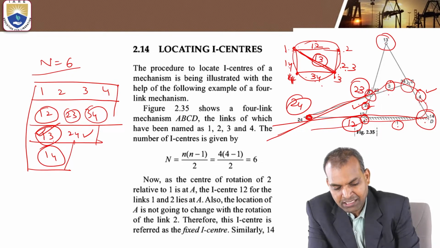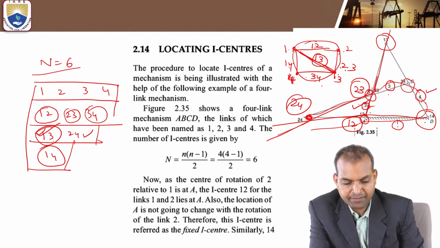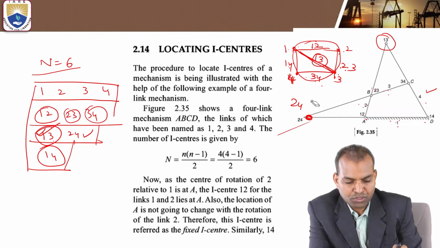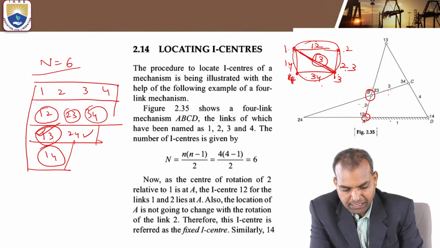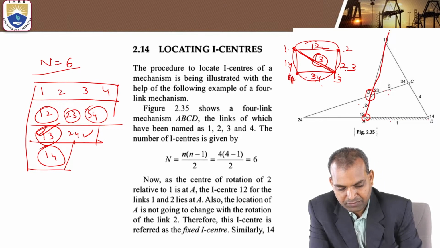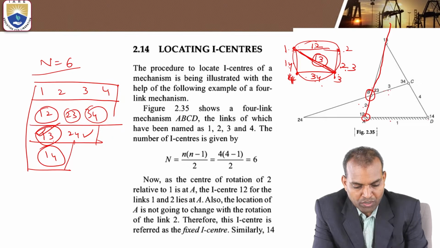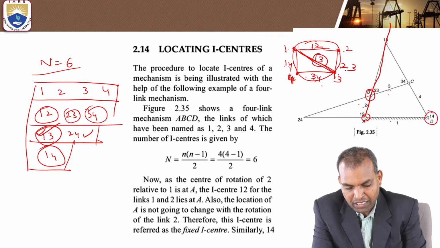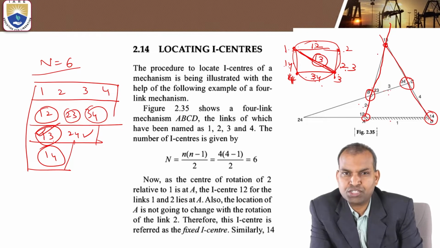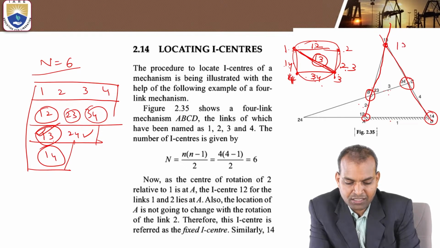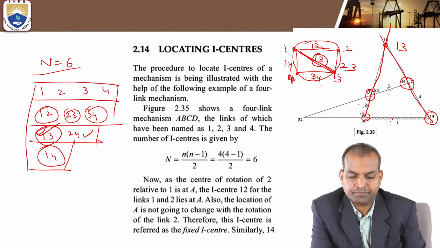You extend this line, that is one straight line. Next, 1-4 and 3-4. This is 1-4 and this is 3-4. You extend these two lines. This intersection point is the instantaneous center of link 1-3.